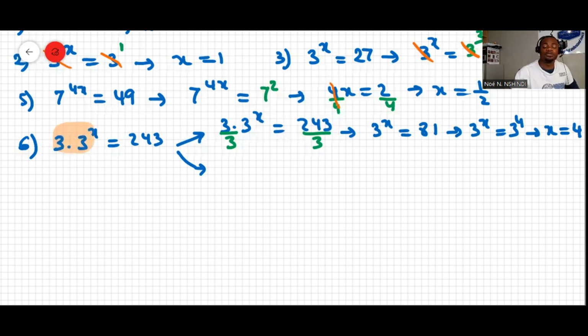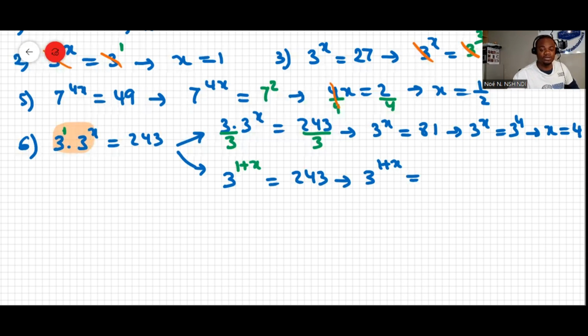Apply the law of exponents over here, noting that there is an invisible power of 1. Same bases, so we can just write 3, and then we add the exponents. So it's going to be 1 plus x at the exponent, equal to 243. Now we can write 243 in terms of its prime factors.